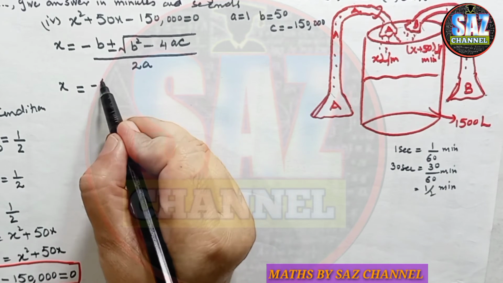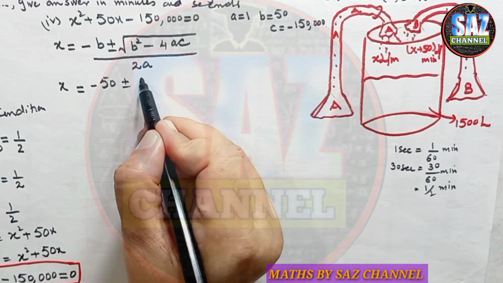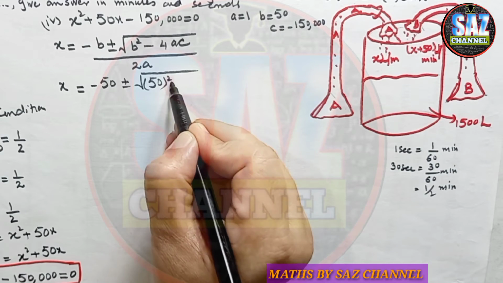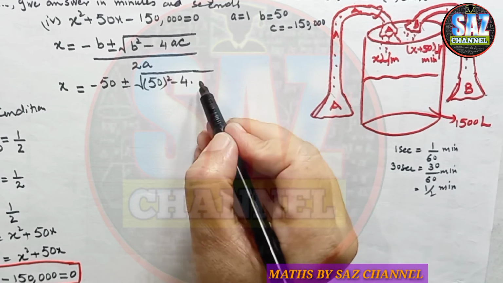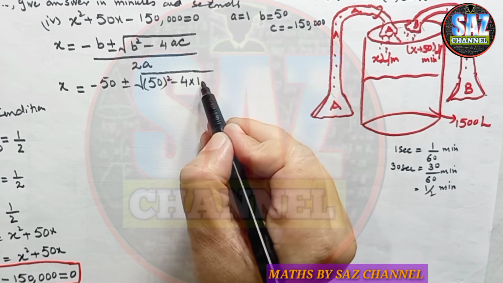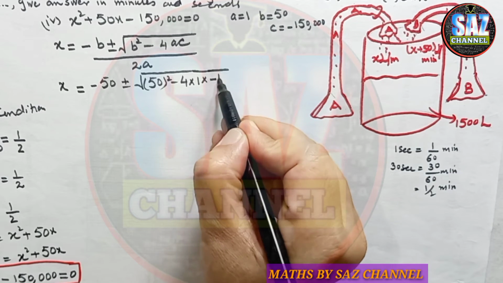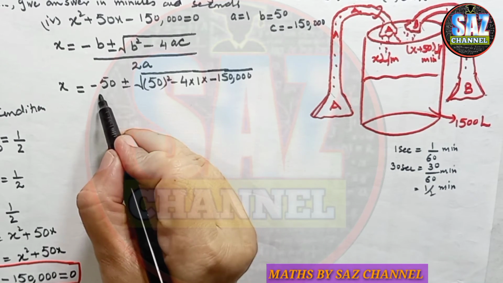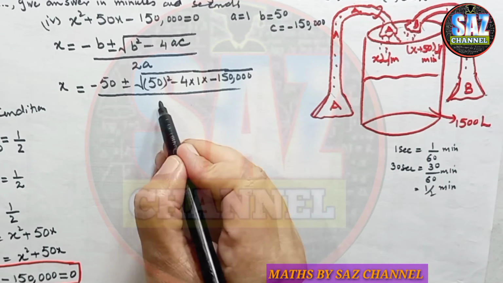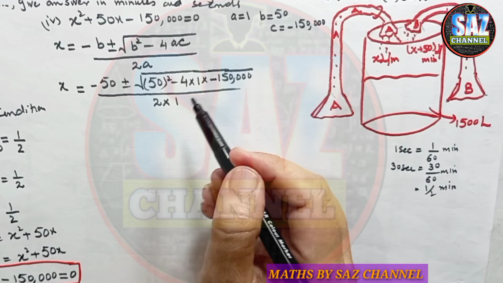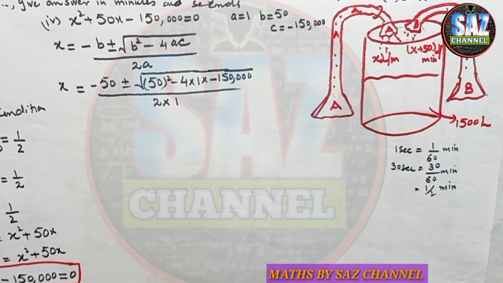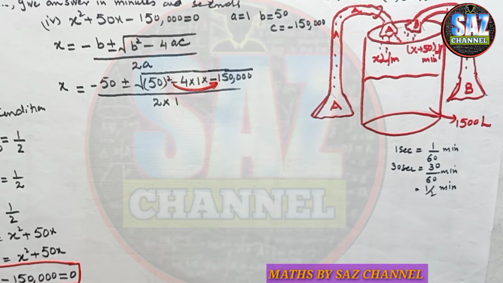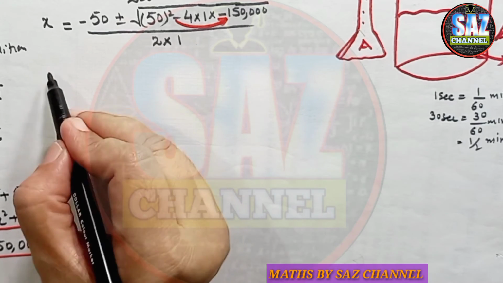Minus B is minus 50 plus minus the square root of B square, that is 50 square, minus 4 into A which is 1 and C which is minus 150,000, with 3 zeros, and extend this radical sign, divided by 2 into 1, 2 multiplied by 1, which is equal to 2. Now be careful, minus multiplied by minus will become plus. Take the square of 50 carefully.